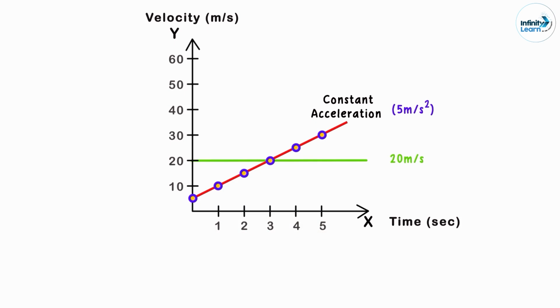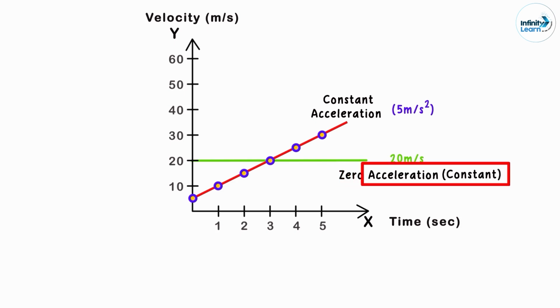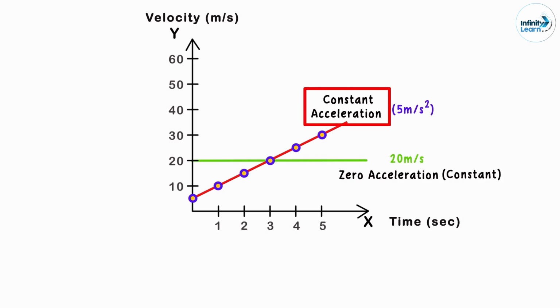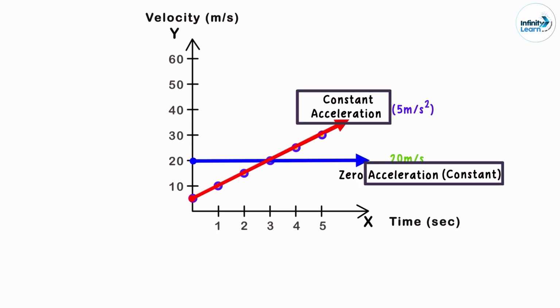The acceleration was 0. It was 0 constantly. So what we had in the previous graph was constantly 0 acceleration, which is also constant acceleration. And in the second case, it is a constant acceleration of 5 meters per second squared. So in the velocity time graph, if we see a straight line, it's constant acceleration.